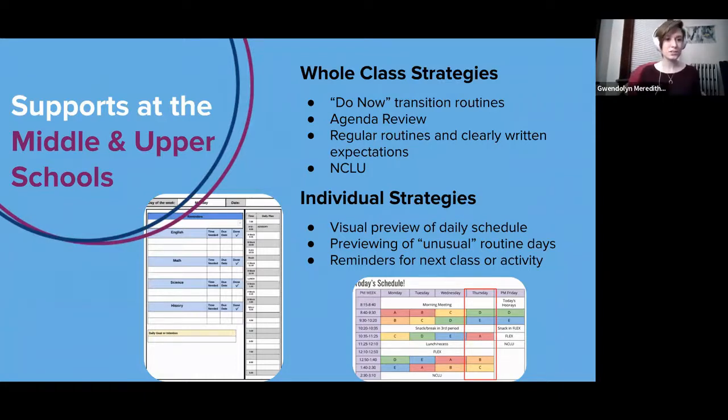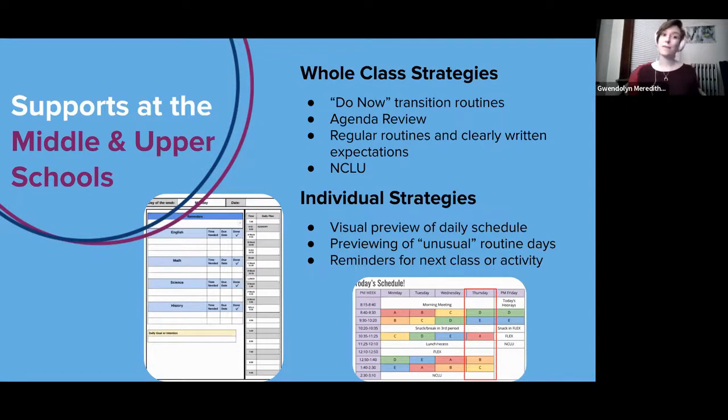Some individual strategies that we do use are visual previews of daily schedules. Sometimes we will review a daily schedule every morning with the student, or give them daily schedule cards as they're walking around. The homework planners at the upper school have that built-in daily schedule for all students to look at. Some students also benefit from previewing unusual routine days.